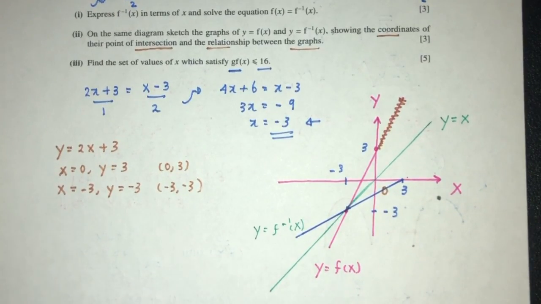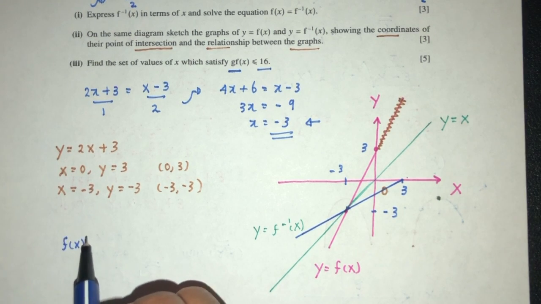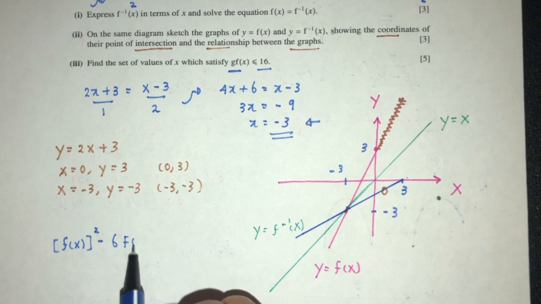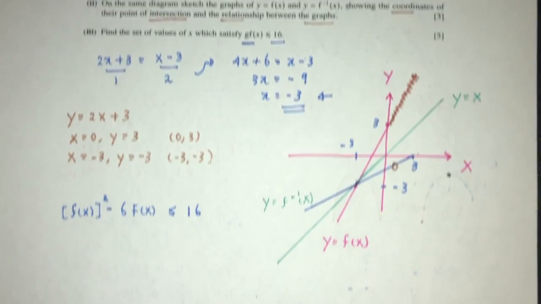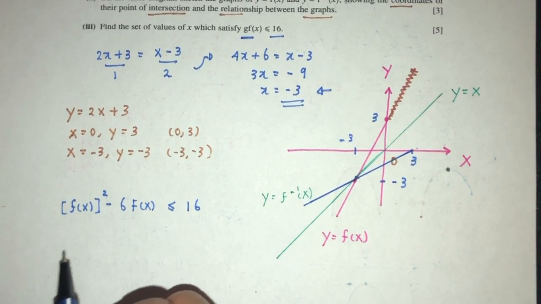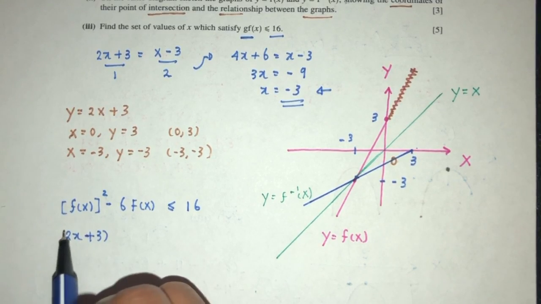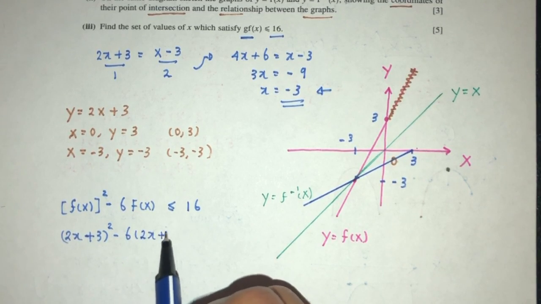You will have g of f of x will be f of x squared minus 6 times f of x, which has to be less than 16. So let's solve. f of x is now 2x plus 3 squared minus 6 times 2x plus 3.